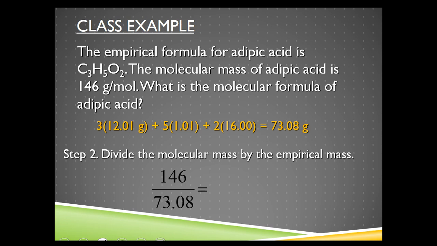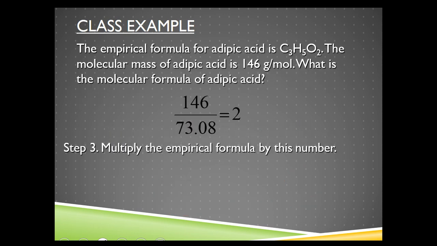We want to get a whole number, so it should be big over little, all right? So this 146 is from the problem that I gave you. I have to give you molecular mass, okay? This is what I just calculated, the empirical mass. So molecular mass over empirical mass, and that gives you this number right here, which is very close to 2. So you can go ahead and round that to 2.